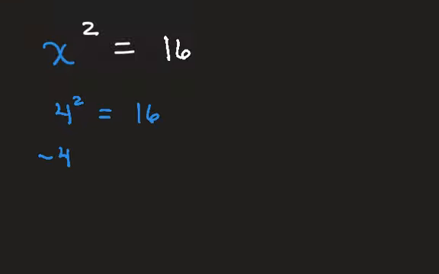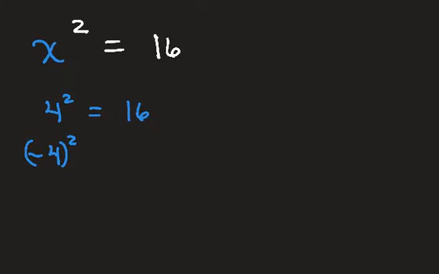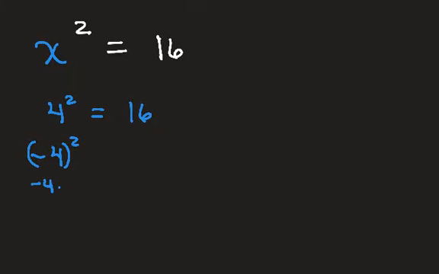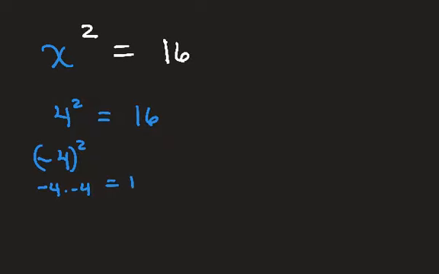So let's do that some more. When I ask what number, that's what x means, right? Some number, when squared, results in positive 16. Well, we know that 4 squared equals 16. And we also know that negative 4 when squared, negative 4 times negative 4, is also equal to positive 16.